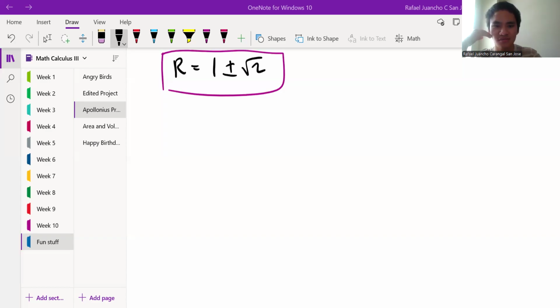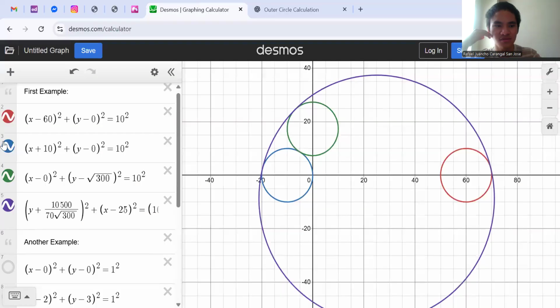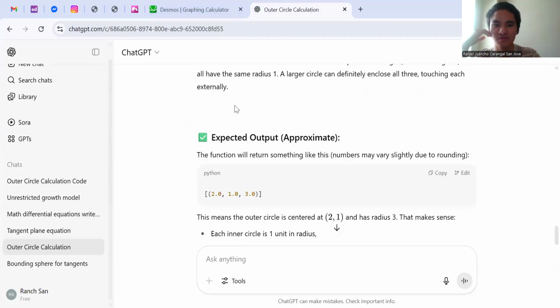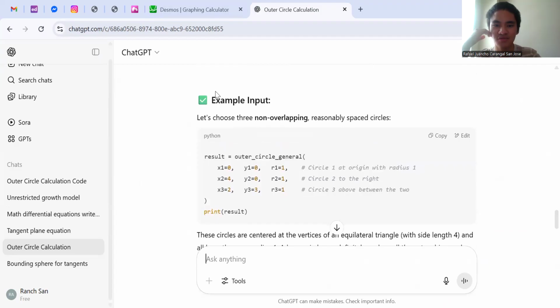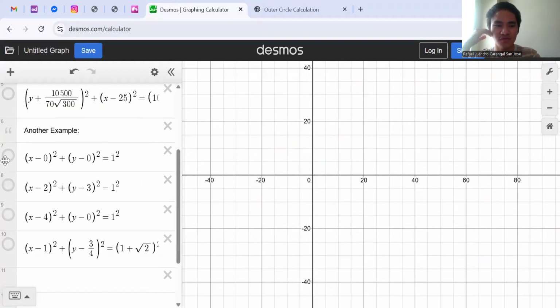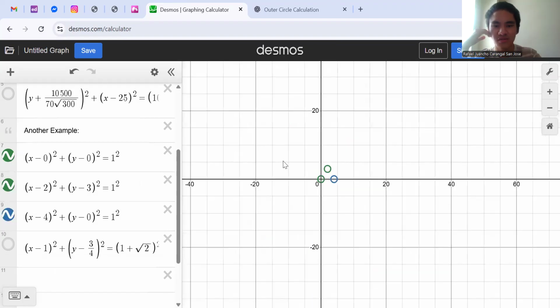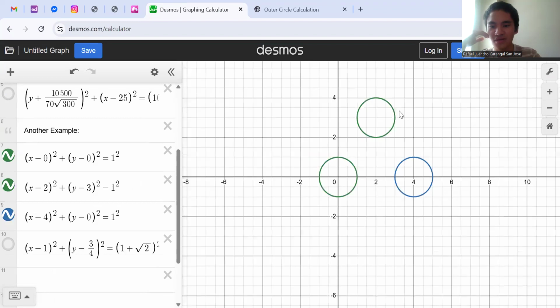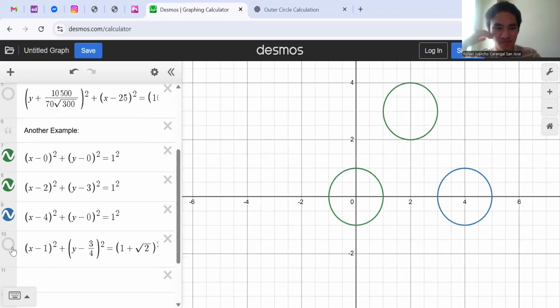So here this works, and then another one works here. If we do 001, 401, 231. Okay, that's too small. It's an equilateral triangle. They're vertices.